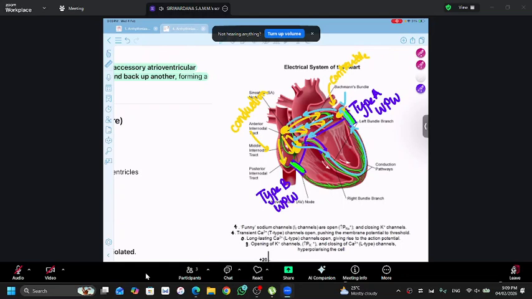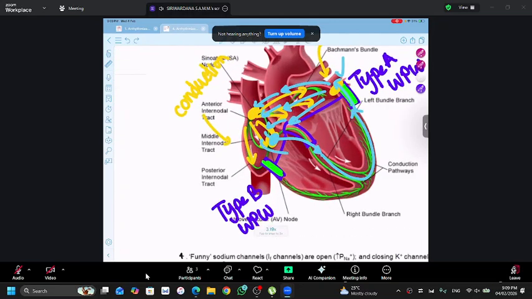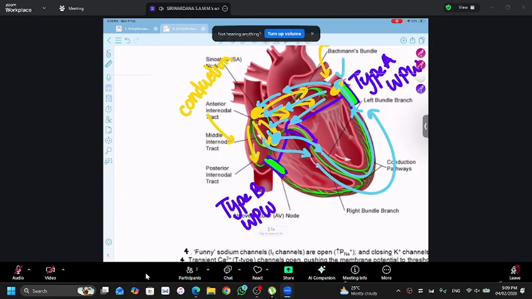And ultimately it reaches the SA node. It reaches the AV node and it resets the SA node as well, because usually this rate is faster than the SA node. The SA node is reset. The AV node is a slow conducting zone, but it has recovered faster and therefore the impulse can again go down, and the cycle will start repeating.